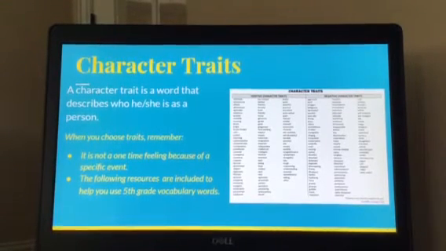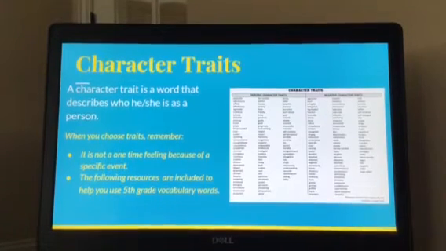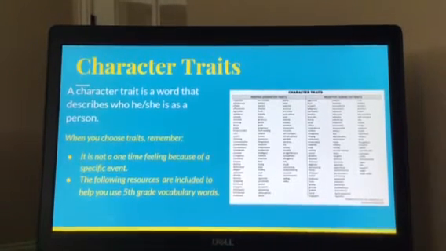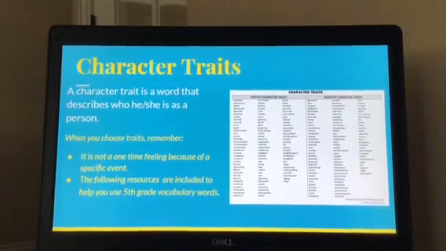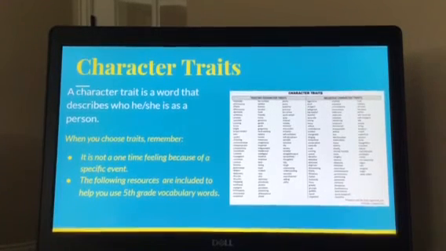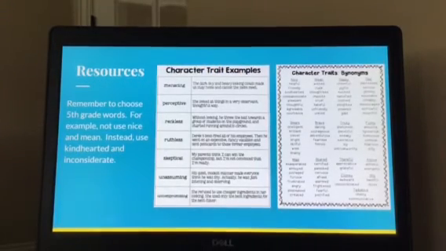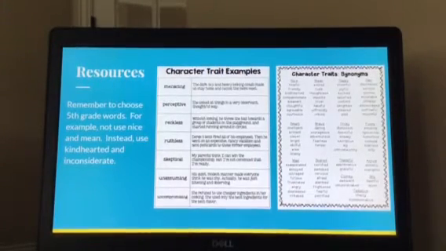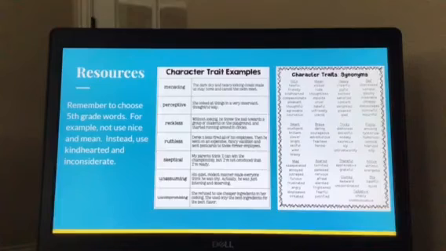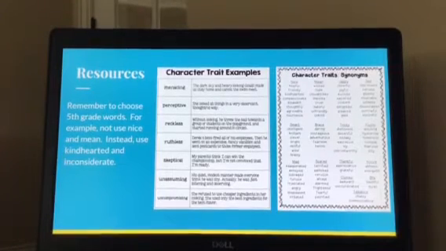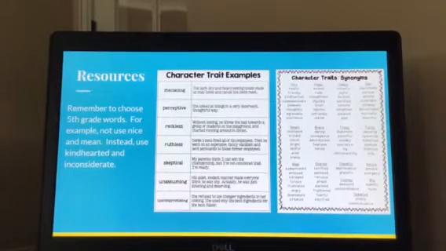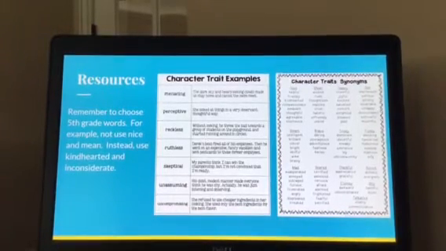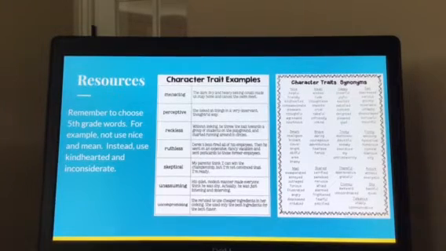The following resources are included to help you use fifth grade vocabulary words. On the right-hand side of the screen are the positive and negative character traits. This slide has character trait examples. It also has synonyms. So instead of nice, you might use kind-hearted. Instead of mean, you might use inconsiderate.